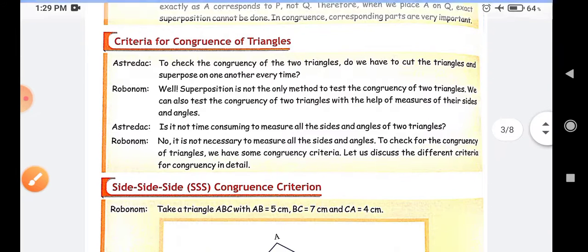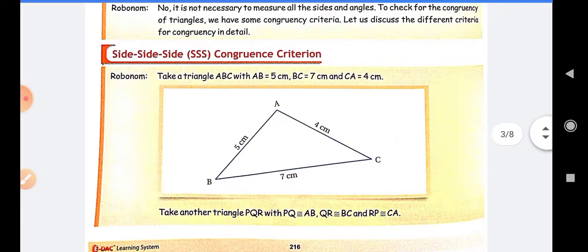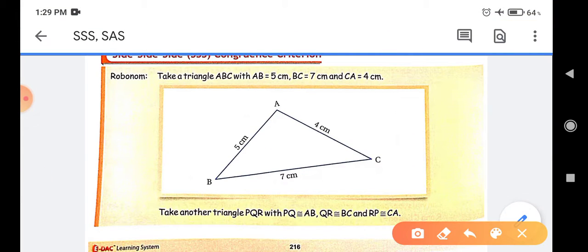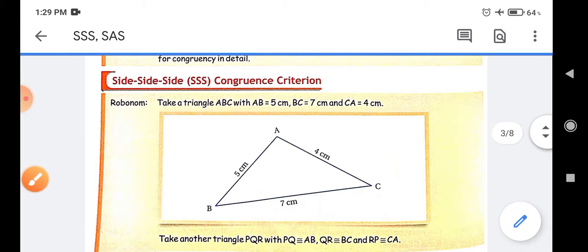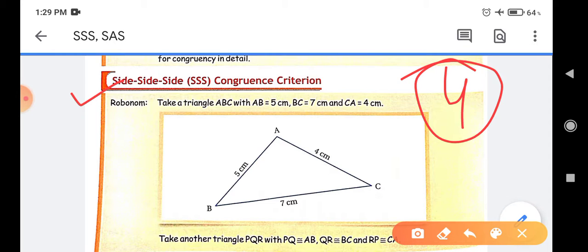So there is one more method to find the congruency of triangles, that is the congruence criterions. In total there are 4 congruence criterions. First of all, there is side, side, side, that is the triple S congruence criterion.